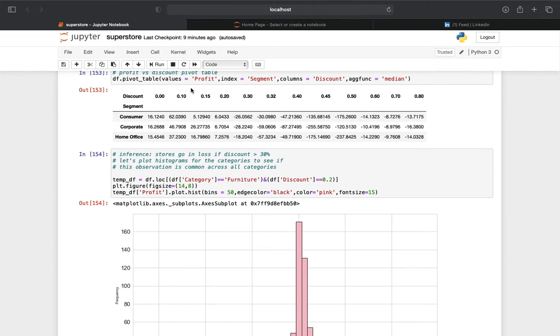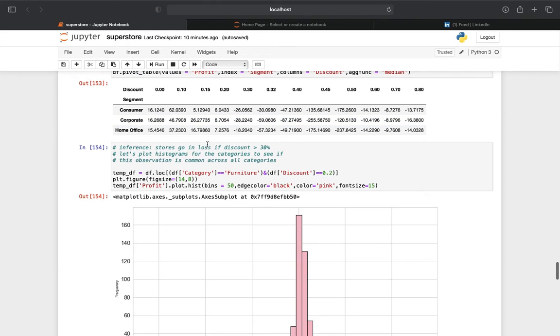Over here, you can find that from 0 to less than 30 you have positive values, and as soon as it crosses 30, you have negative values, which are increasingly negative. This is one inference: if the discount is greater than 30%, the stores start to go into loss.